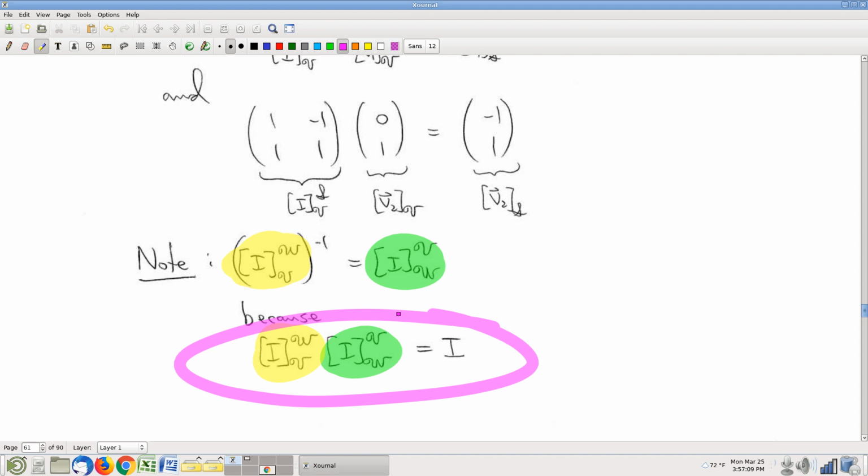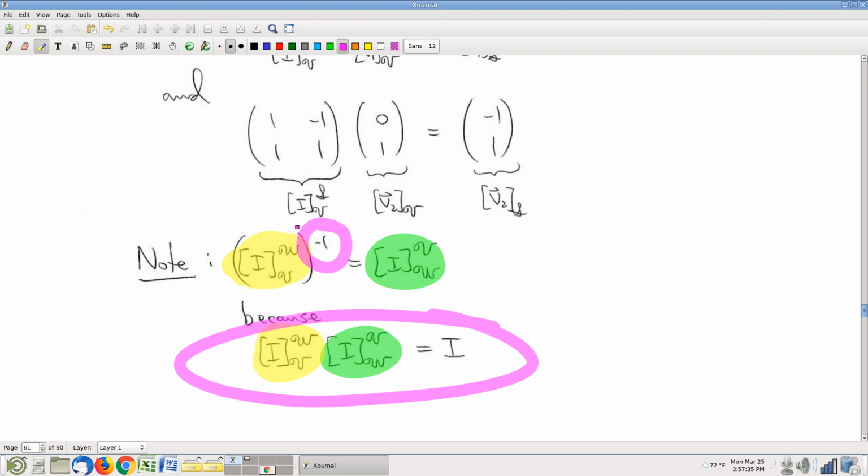If you take a list of script W coordinates, convert to V coordinates, then convert back to script W coordinates, it's the same exact thing. So this product of change of basis matrices doesn't do anything. And therefore this product of change of basis matrices is the identity matrix, and therefore these matrices are inverses of each other. Easy little observation.